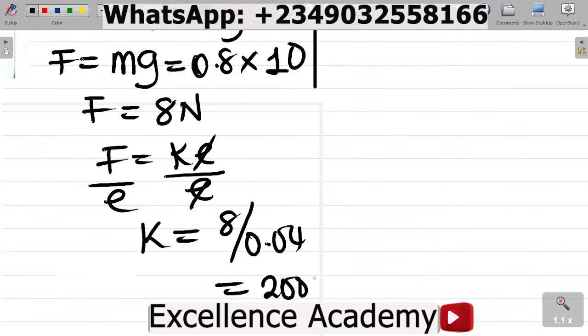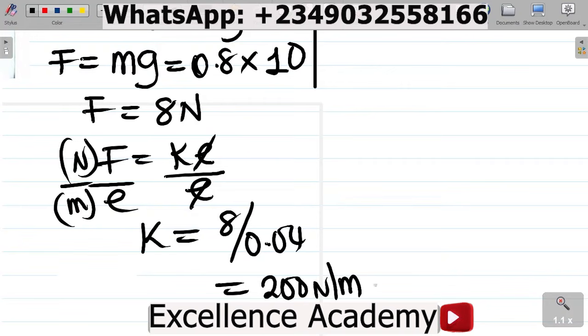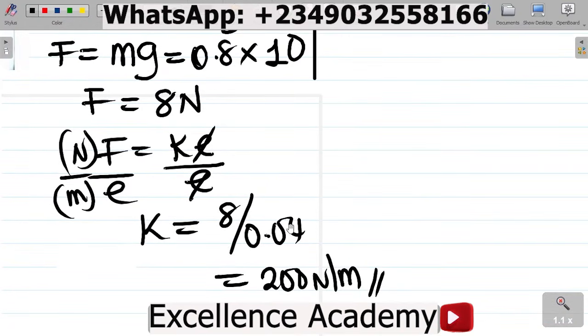Force is in Newton, all over extension in meters, so I have Newton per meter. And this constant remains the same, irrespective of a change in force.